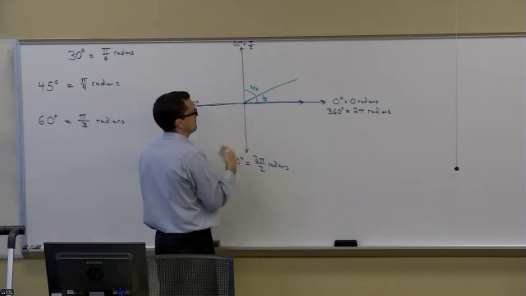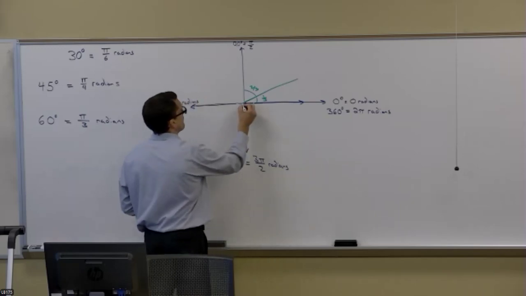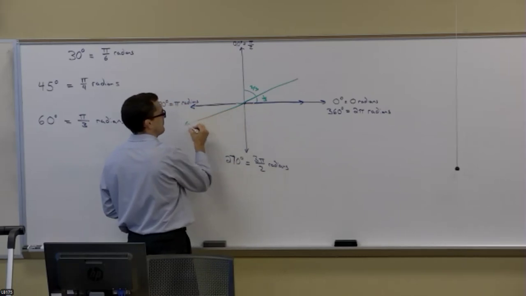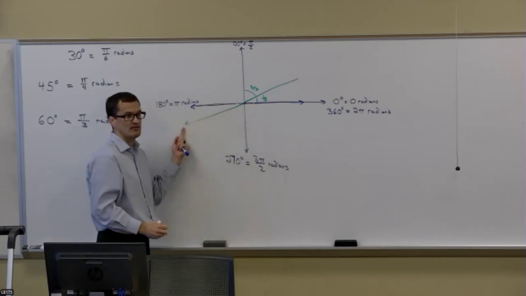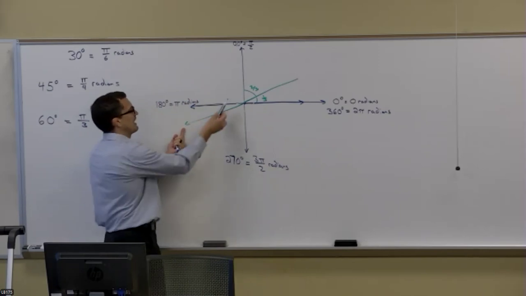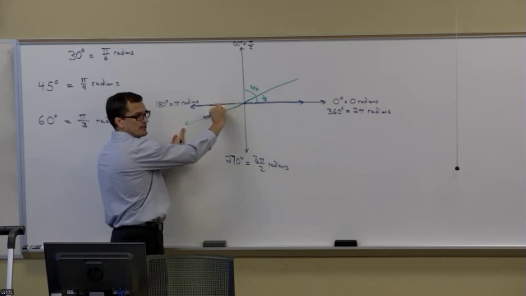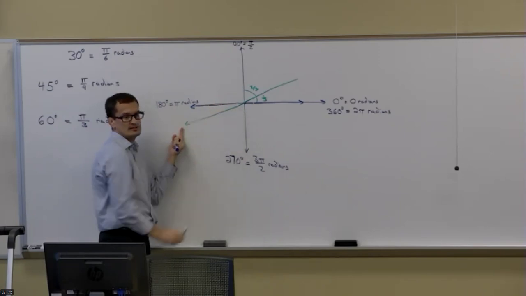Now, once you've established this, then you can say, oh, what about going at, for instance, this angle? This is like going 180 degrees plus an additional 30 degrees. So that's 210.